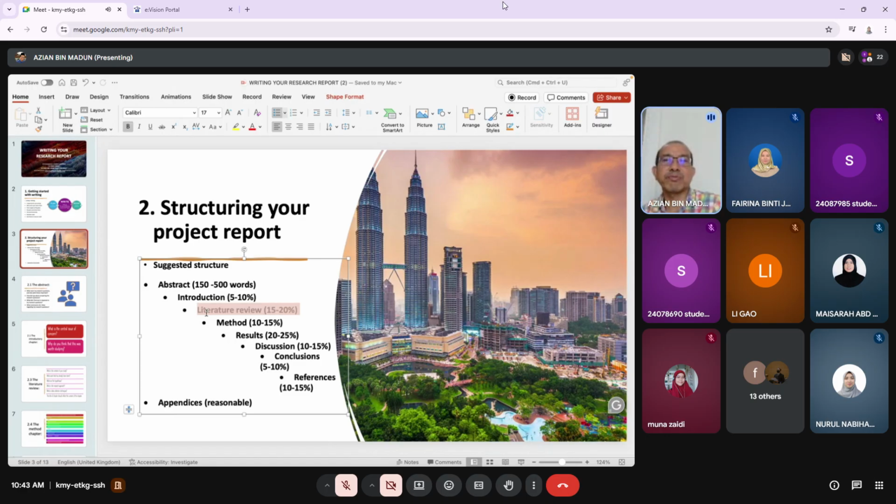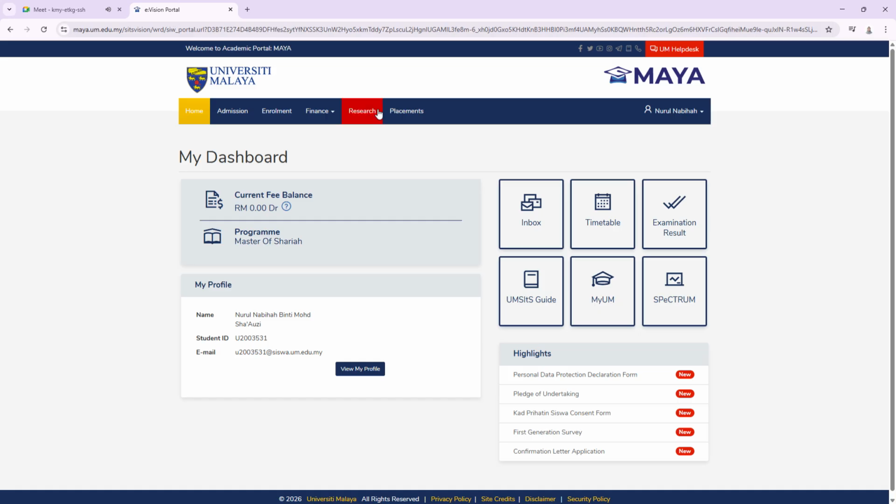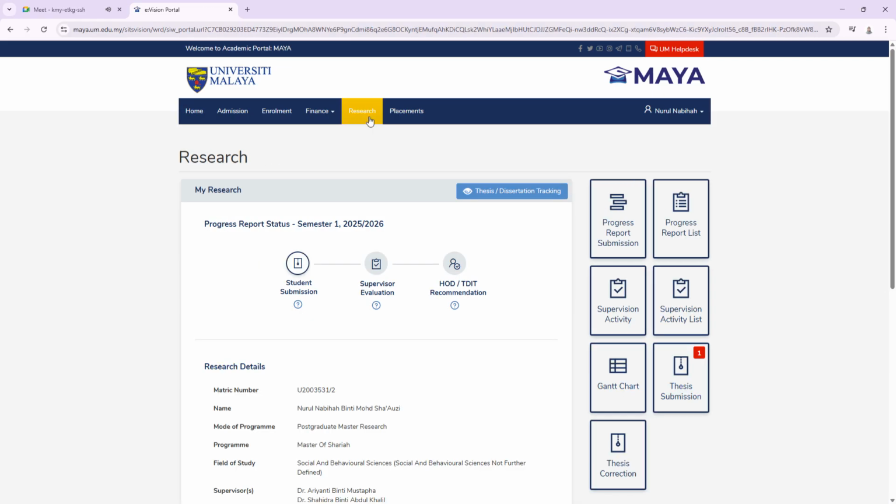You must spend at least 80% of your time during the first one or two semesters on the literature review, exploring what's happening now in your field of study. This will affect everything, because without a strong literature review, everything else will collapse.